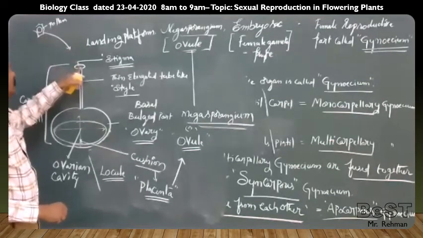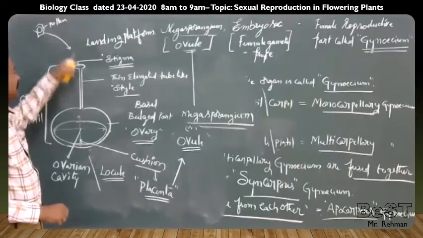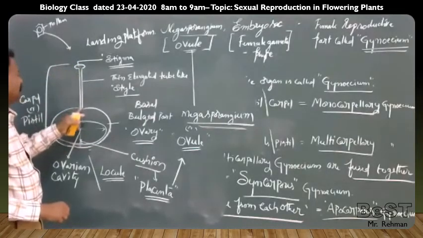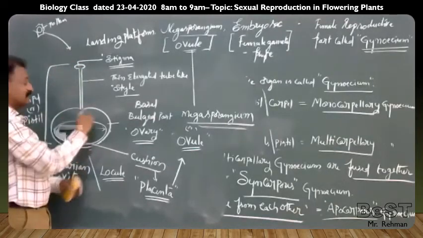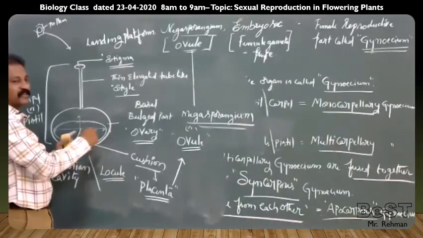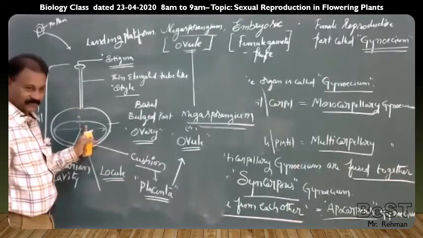So as to germinate, after that it will send a pollen tube. After this, the pollen tube will carry the male gametes. Finally, fertilization or reproduction will be carried out.